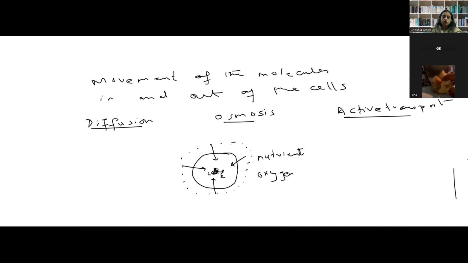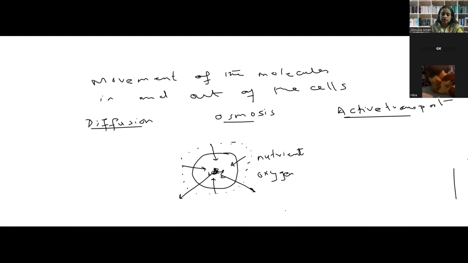What is the meaning of concentration? Abundance of the particles. If the particles are more on one side and less on the other side, then the particles will spread from the area where they are more to the area where they are less. So we say that particles are moving down the concentration gradient. What is the meaning of concentration gradient? A gradient is in a graph. The slope of the graph is called gradient.